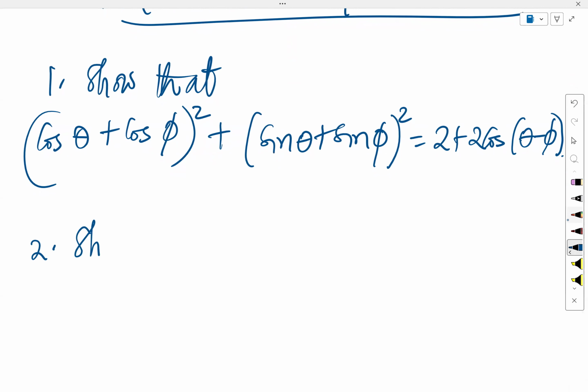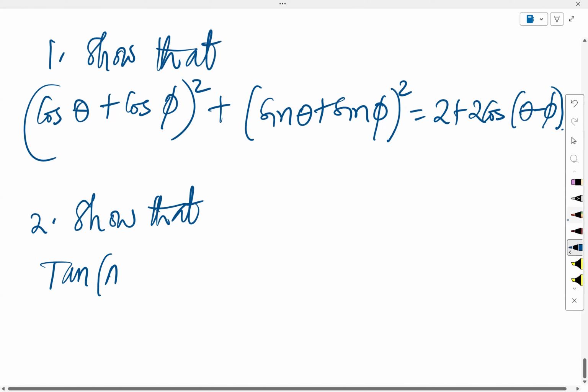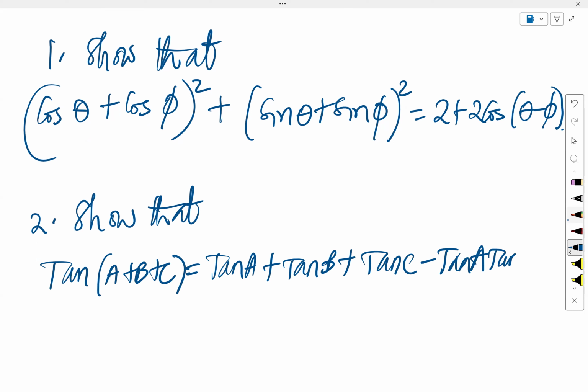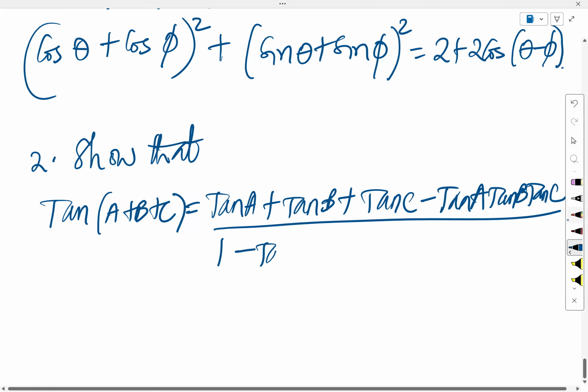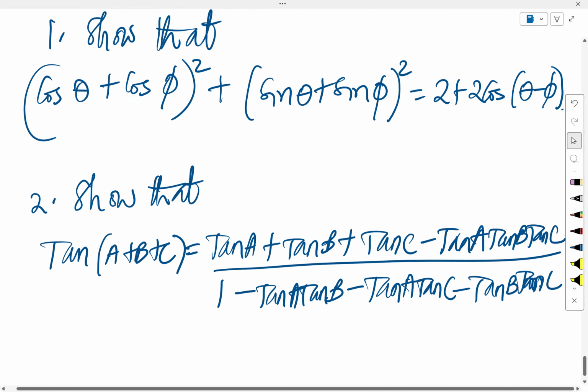You want to show that tan(A+B+C) is equal to tan A plus tan B plus tan C minus tan A tan B tan C, all over 1 minus tan A tan B minus tan A tan C minus tan B tan C. That is exactly the process I went through before I substituted values in the last example. So it's exactly the same question. So you want to check this out.